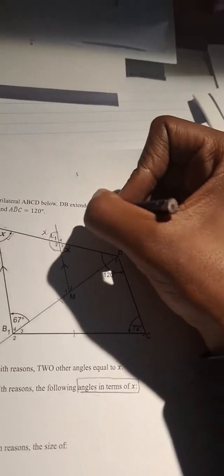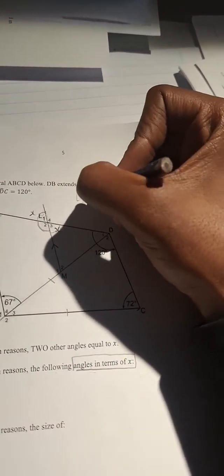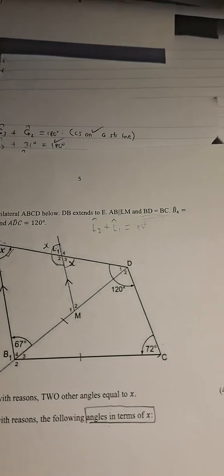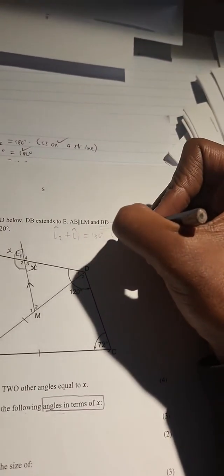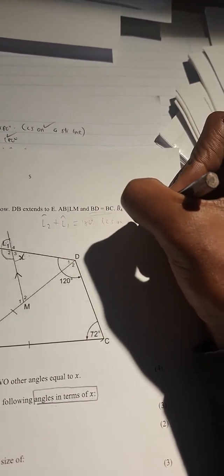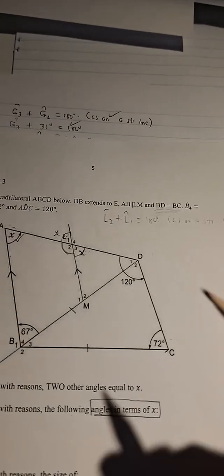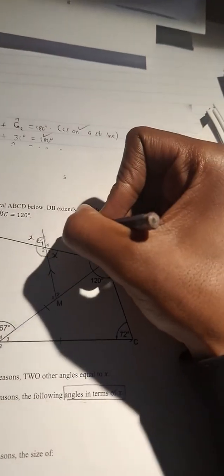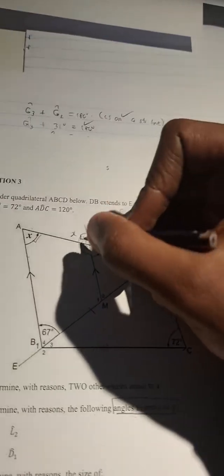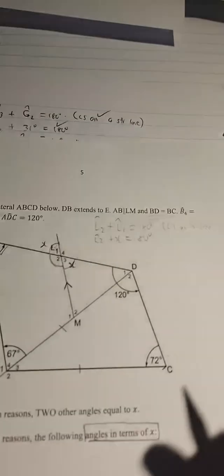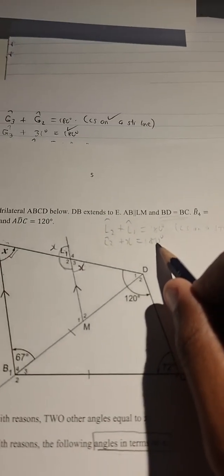So can't we say this? Angle L2 plus angle L1 is equal to 180 degrees. The reason: angles on a straight line. What is angle L2? This is what we want. What is angle L1 at the moment? It is x, which is equal to 180 degrees.